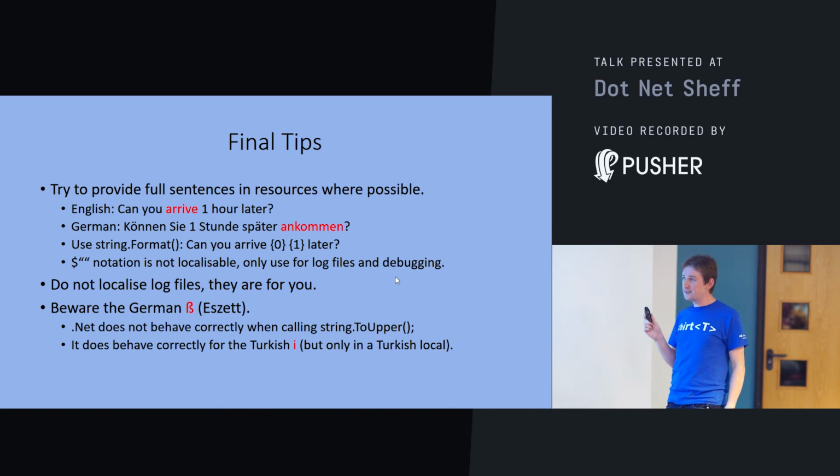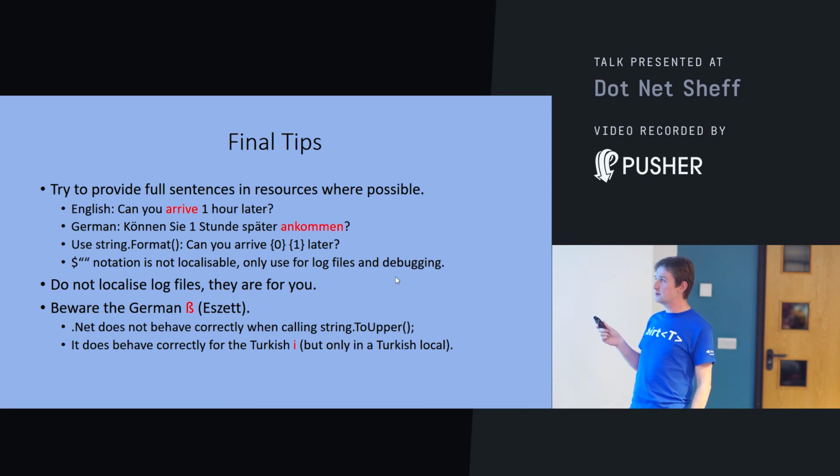Some things that I didn't put on here that you should not do, which I was thinking about today when I was debugging some code and trying to figure out what was going on. Please don't tell the user just to change their system locale to English. They don't like that. It's not a solution.